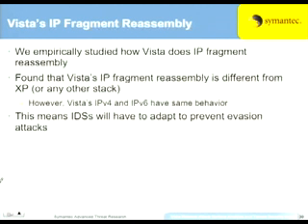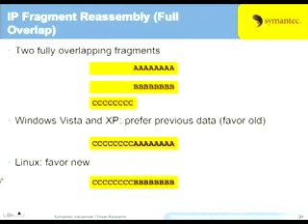We also did an empirical analysis for Vista and IP fragment reassembly. And again, we found that the behavior is different than XP or any other stack. I guess this just goes to show that the stack is new. Although IPv4 and IPv6 will behave the same for Vista. Again, IDSs will have to adapt.